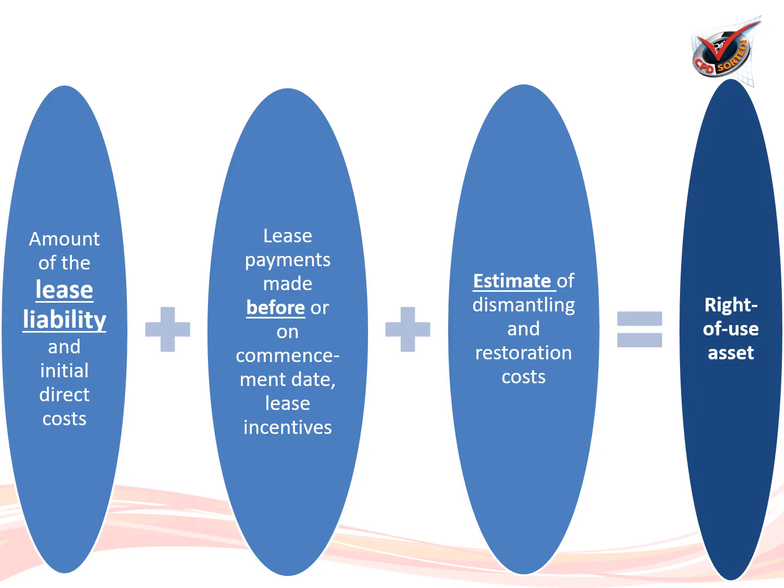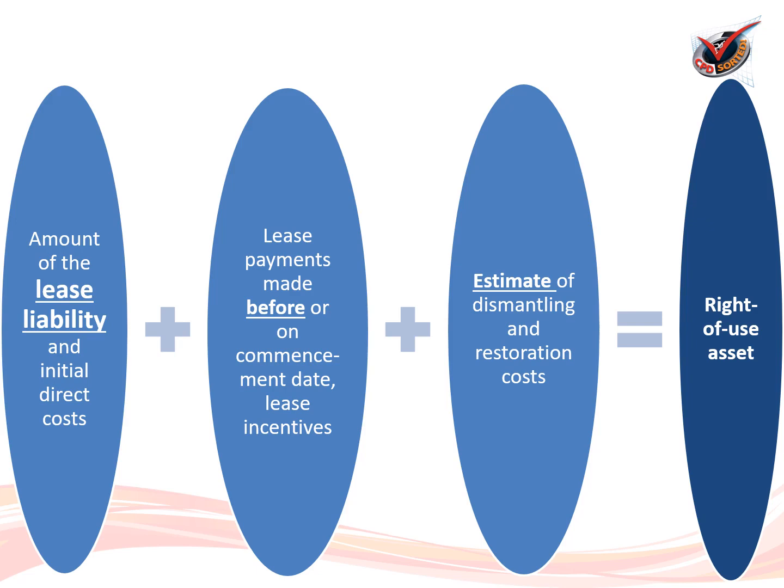And then finally, any additional costs of dismantling or restoration, restoring the asset to its original condition prior to the contract commencing. Those would be aggregated together, which would then form the value of what the right-of-use asset needs to be reflected in the financial statements.